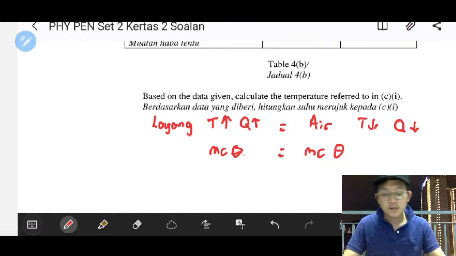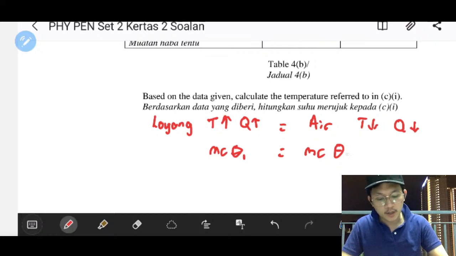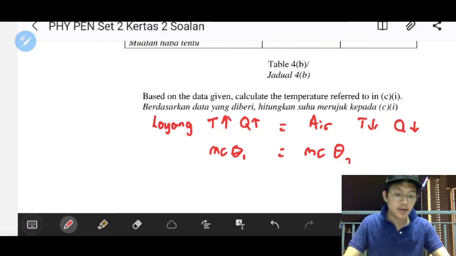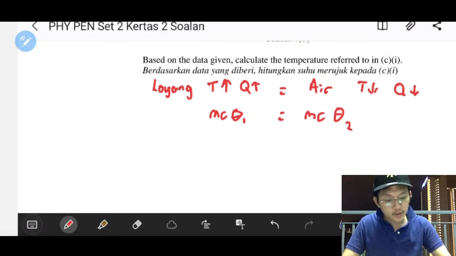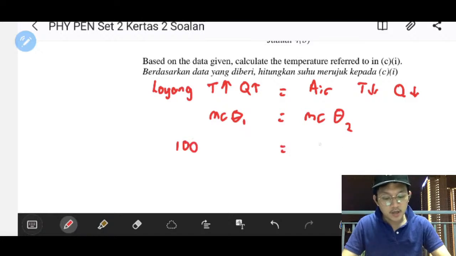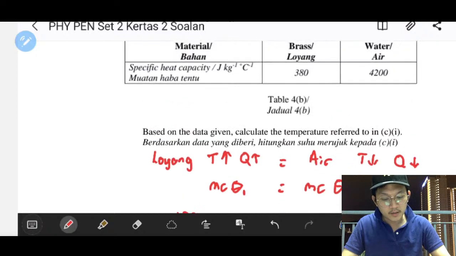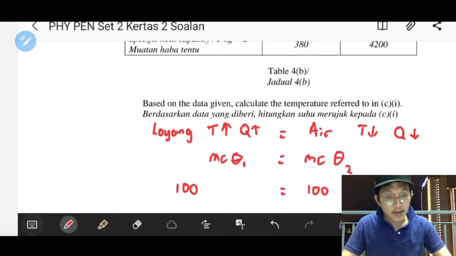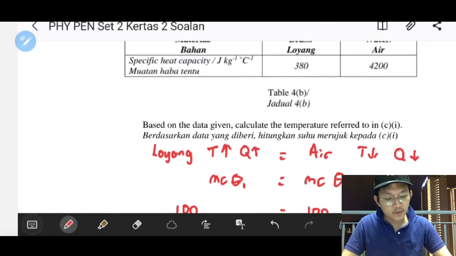Okay. So M loyang 100 gram. I put back 100 gram. Okay. M air 100 gram. I put back 100. C loyang. In the question itself, it is stated 380. So I put 380. Okay. Air. In the question it says 4,200.